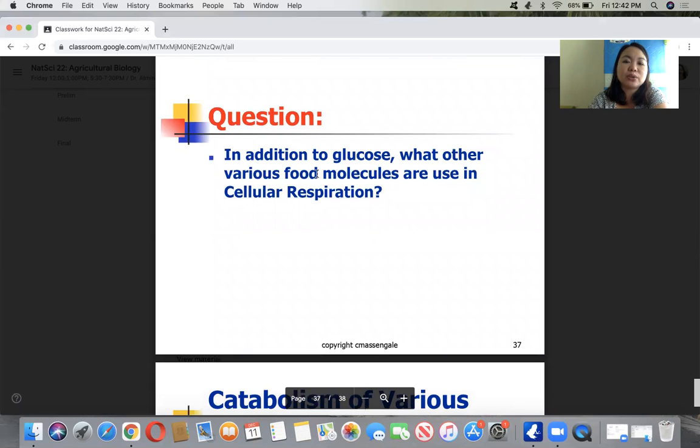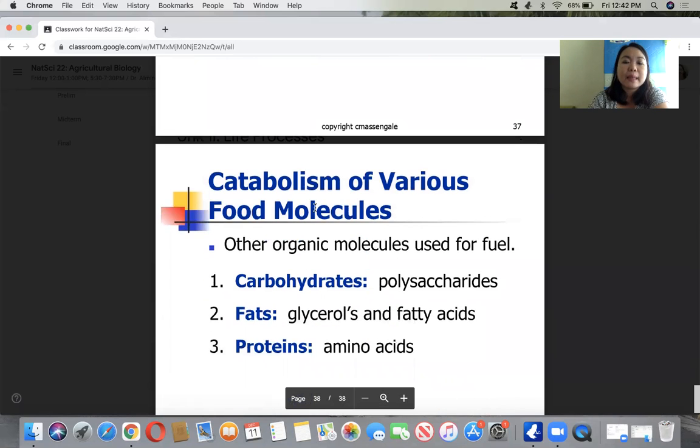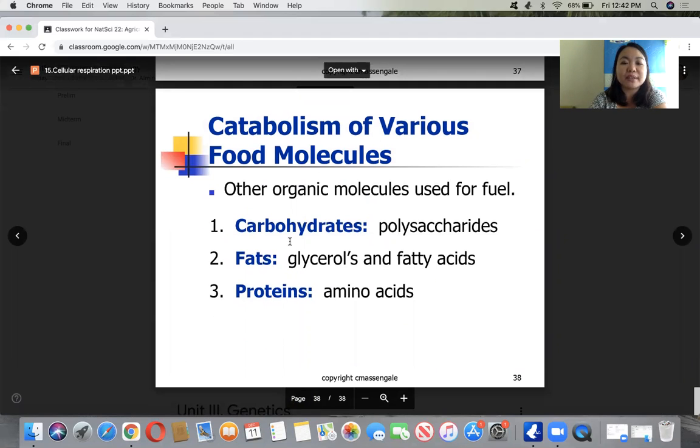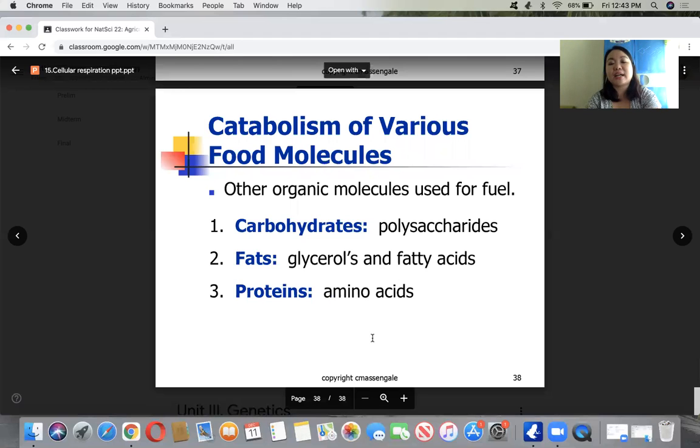So in addition to glucose, what other food molecules are used in cellular respiration? Of course, we have the catabolism of various molecules that includes carbohydrates, fats, and proteins for fuel or for use as energy. So carbohydrates as polysaccharides, fats as glycerol and fatty acids, and proteins as amino acids.